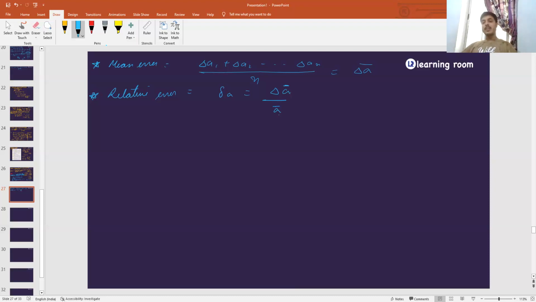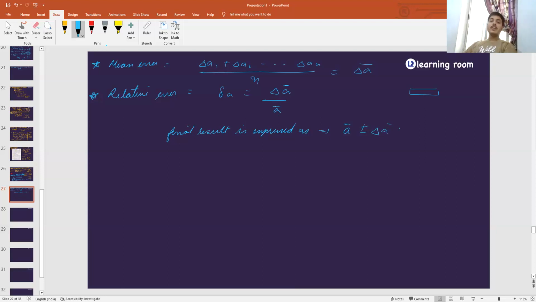One more thing about the representation of any quantity: the final result is expressed as A mean plus minus delta A bar.